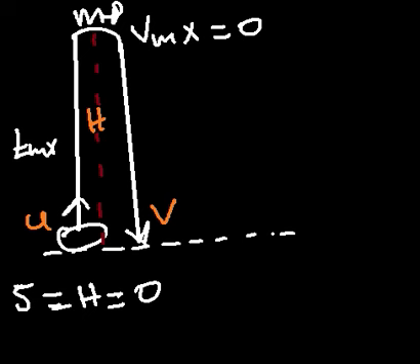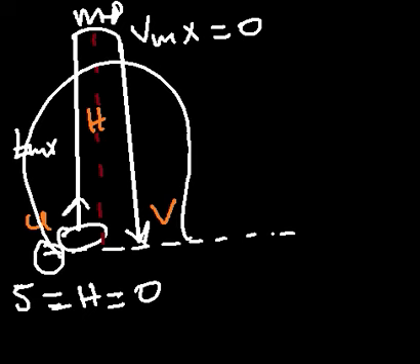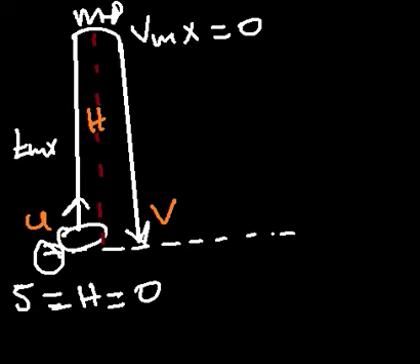Since the object has been thrown from the ground level back to the ground level, it means displacement is given as 0. So overall displacement is 0 for the whole entire journey from the ground back to the ground.